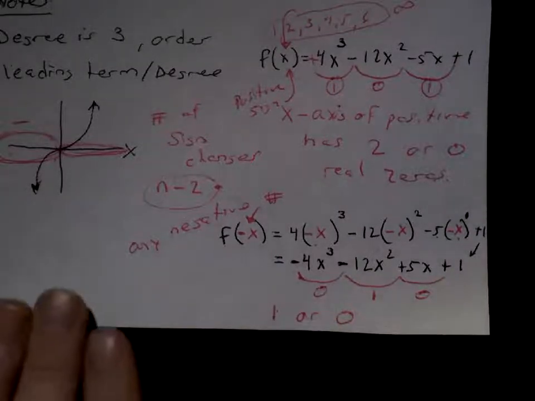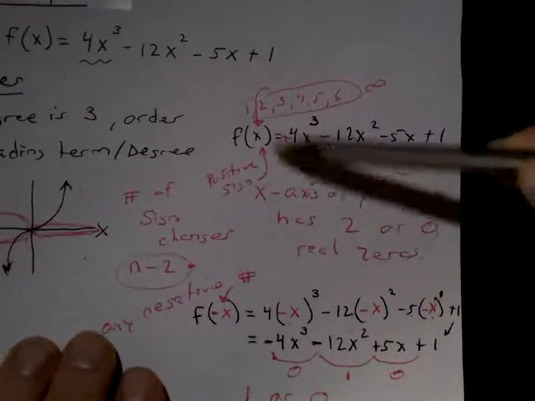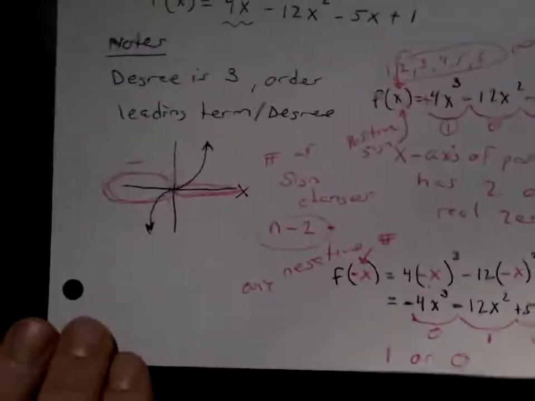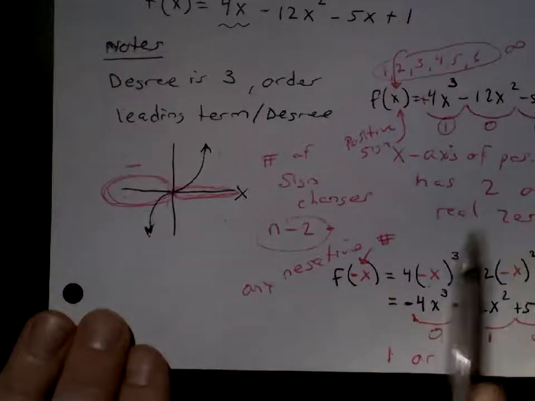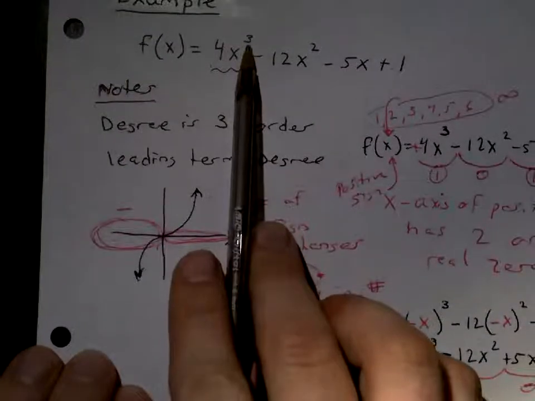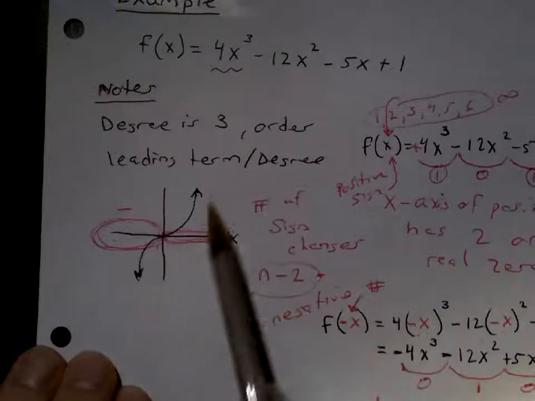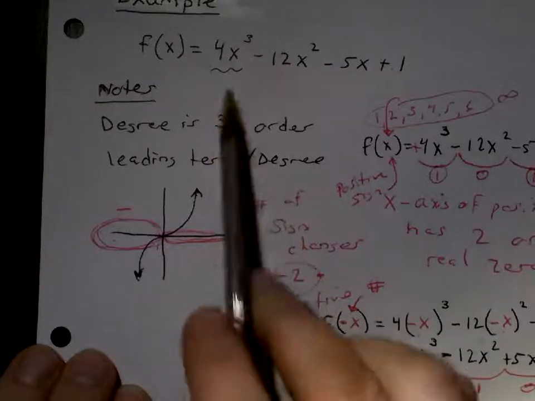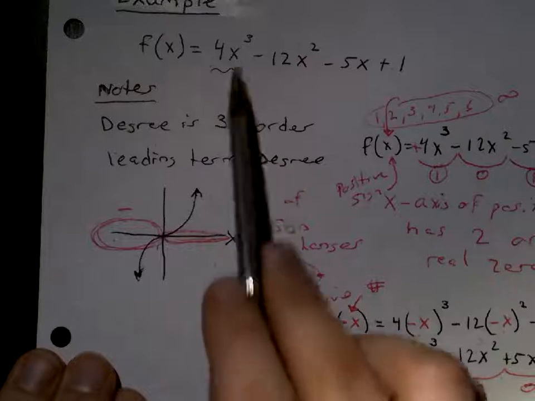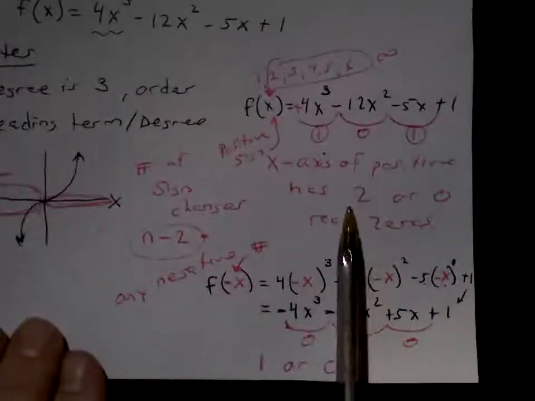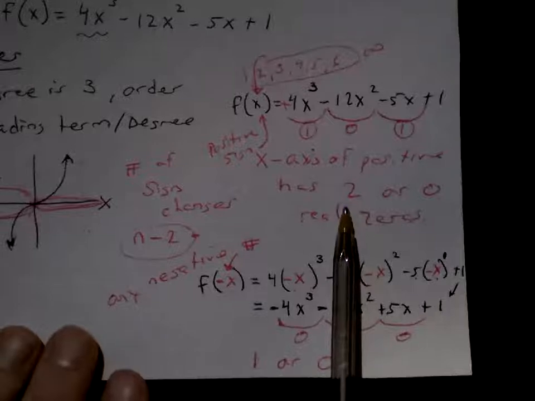Now, the idea is, we have more of a chance of it being positive than negative. So if we look at the graph now, we know from our graph of to the third power that this graph is going to do this anyway, because we know what the leading term degree does. First off, I want you to look at this.